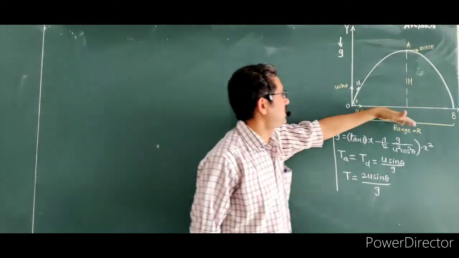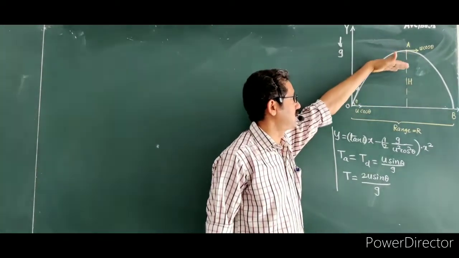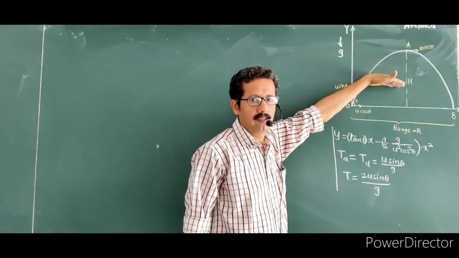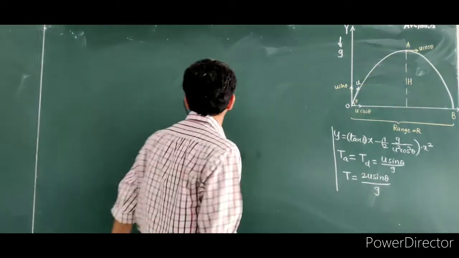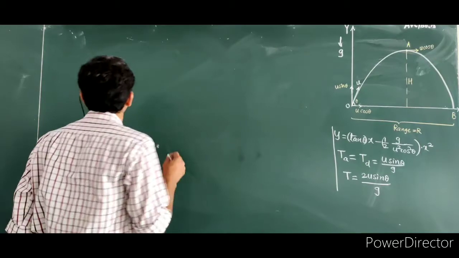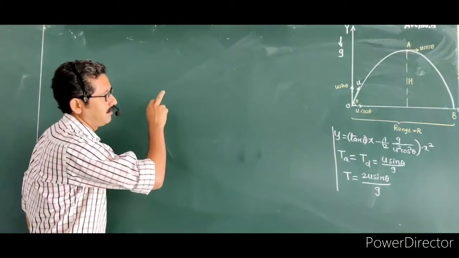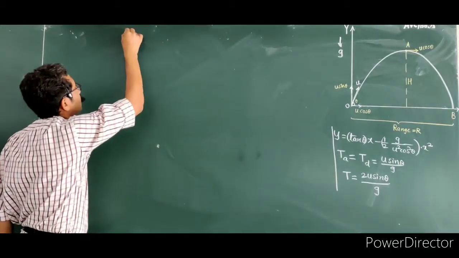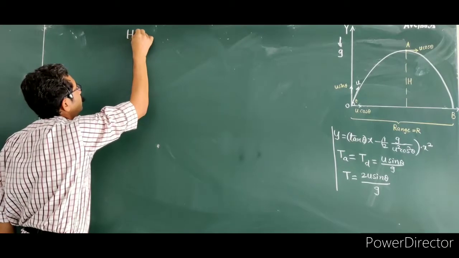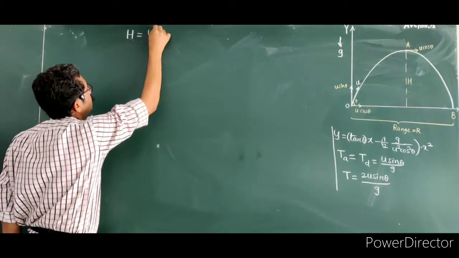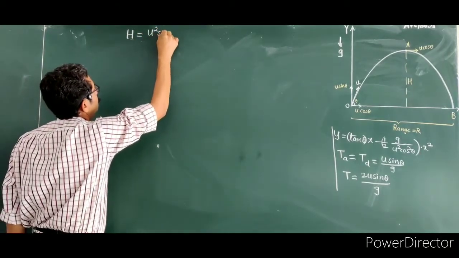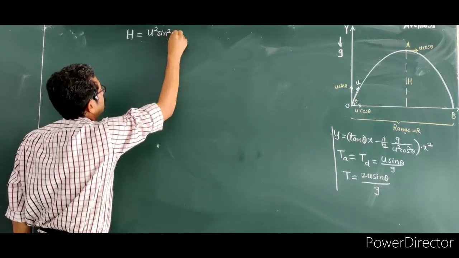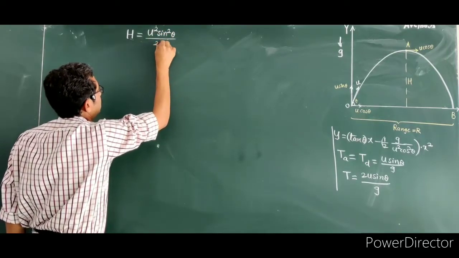Then, how much is the maximum vertical distance that the projectile would reach? We derived an equation for this: the maximum height, capital H, was found to be equal to u squared sin squared theta divided by 2g.